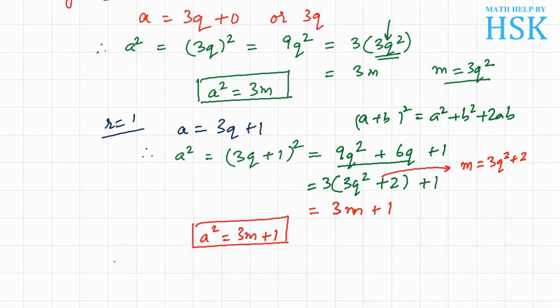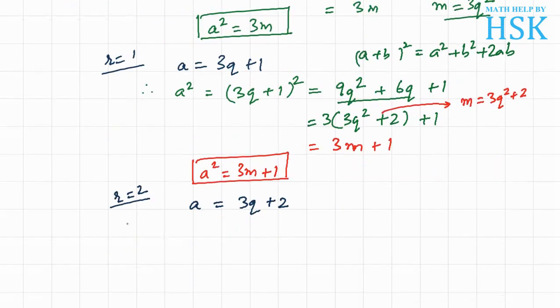Further, taking r is equal to 2, I can write a is equal to 3q plus 2. Therefore, a square is equal to 3q plus 2 whole square.